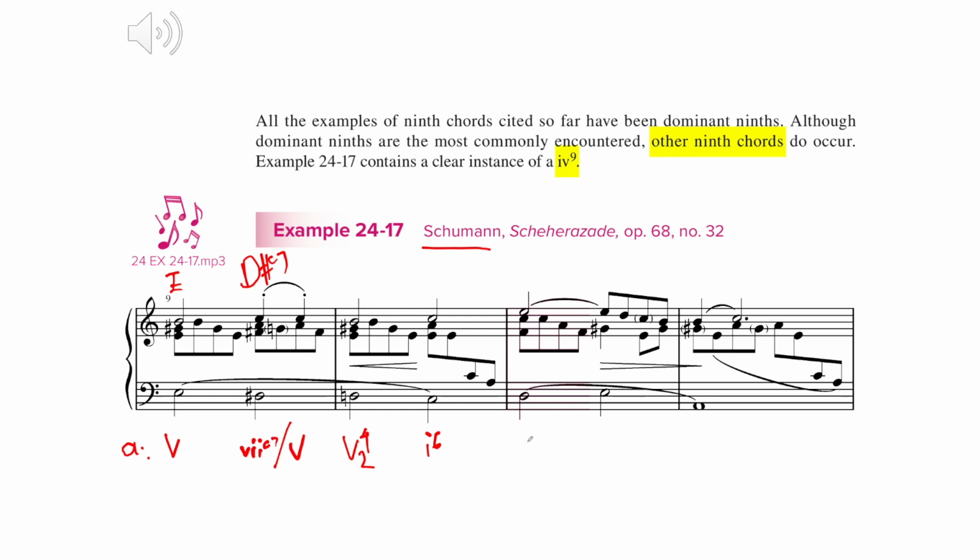And here this is a D minor ninth. And you see this E, which is the ninth of the chord, remains present until the resolution into 5.